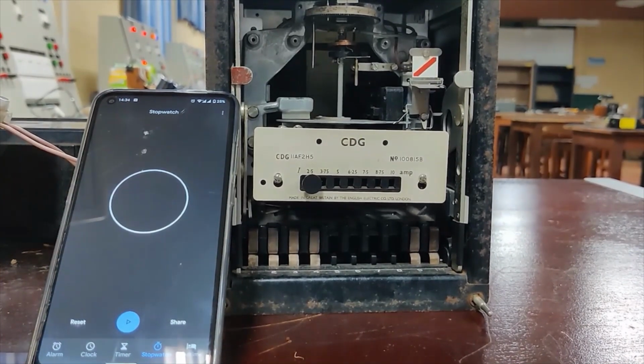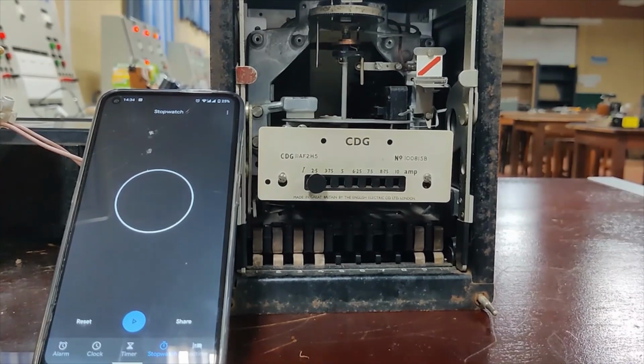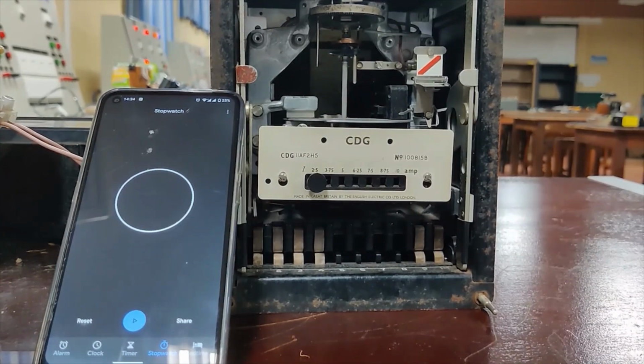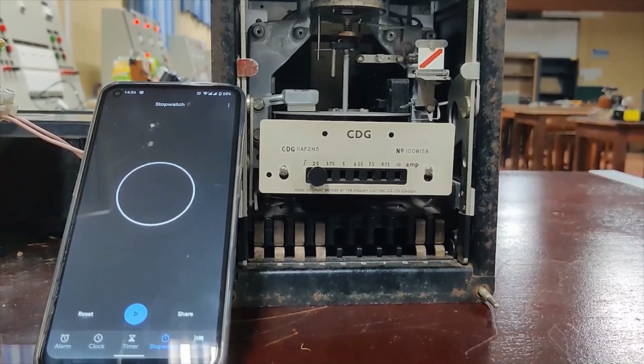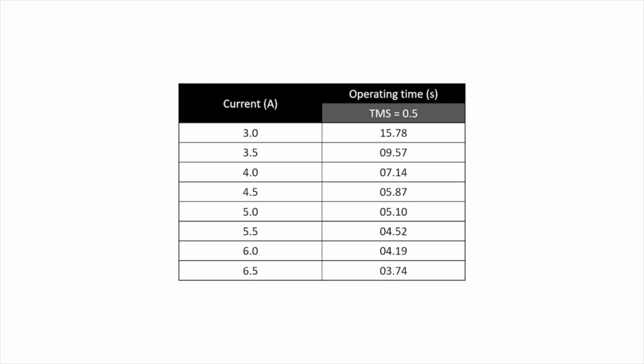Note down the time. Repeat the procedure for the current values given in the table. Take down the operating times. Plot the graph of operating time versus current for the time multiplier setting of 0.5.